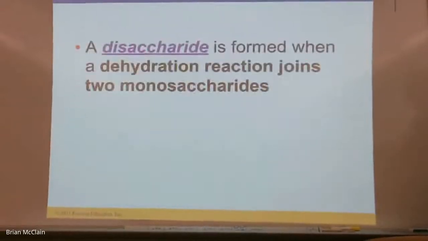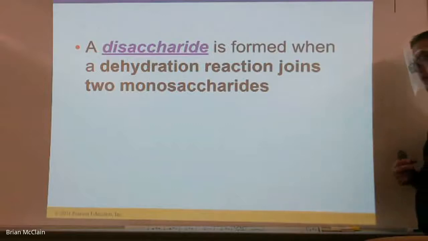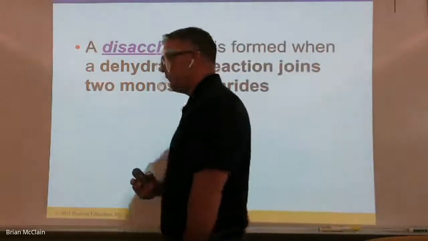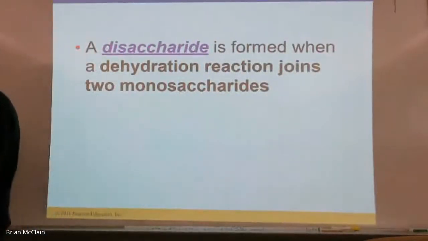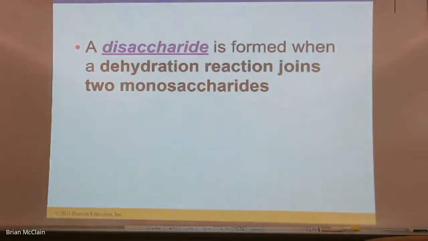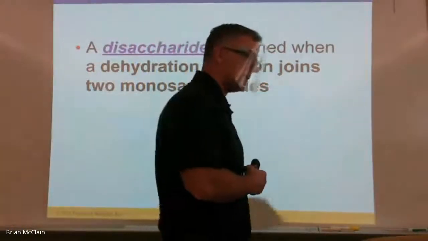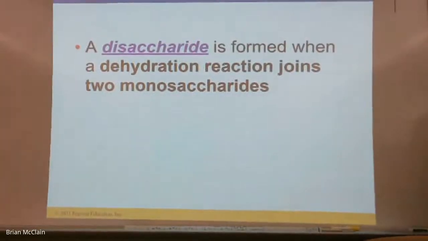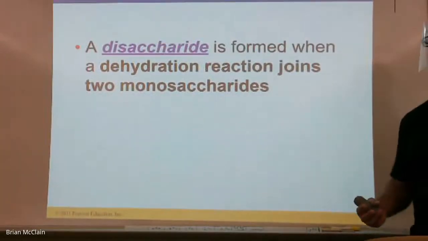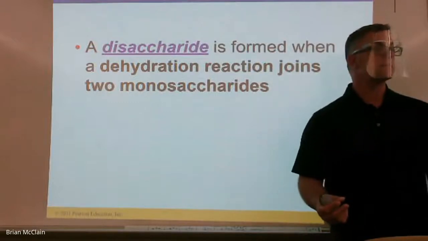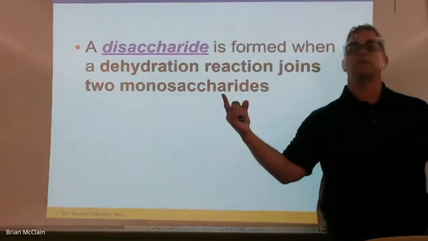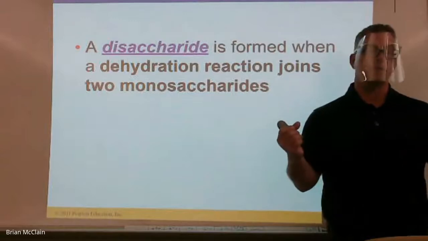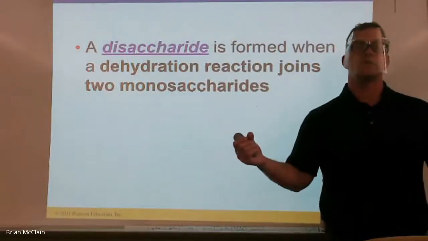Now, if you build from one monosaccharide and you build up to 2 combined monosaccharides, you end up with a disaccharide. So some of our disaccharides that we've talked about, we looked at sucrose. So if you combine a glucose and a fructose, take out a water, you have your sucrose.